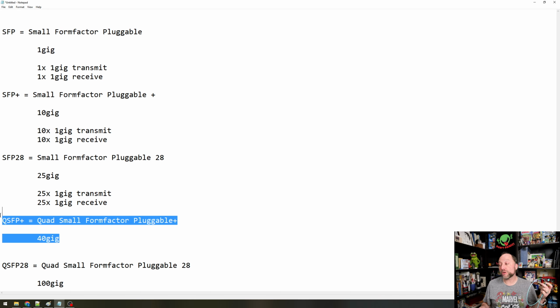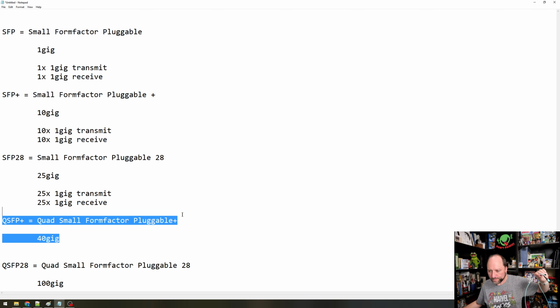For 40 gig or this 100 gig, QSFP plus or QSFP 28, you would be looking for 8 fibers in there. Yeah, 8 fibers. But there are options for 12 or 16 fibers as well for different standards or for different things.